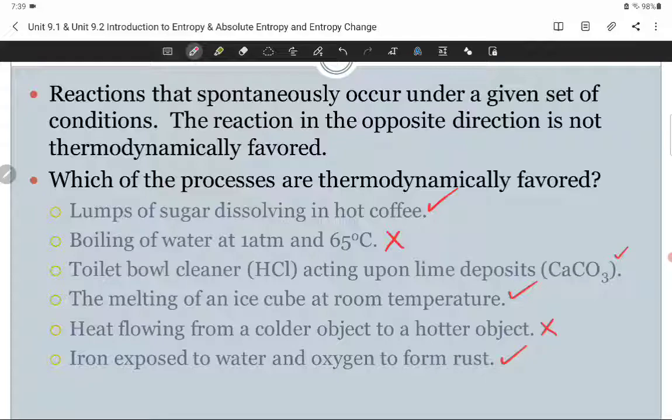So there are things that we can observe that happen on their own. There are some things, by the way, that will happen on their own, but you need to overcome the activation energy of them. Those are still thermodynamically favored, okay? But there's other things that, even if you overcome the activation energy, they're not going to happen and continue to happen, like the ones I've exited off here.